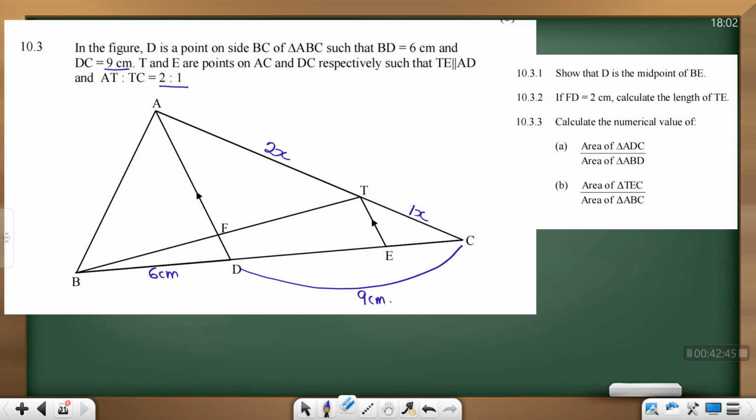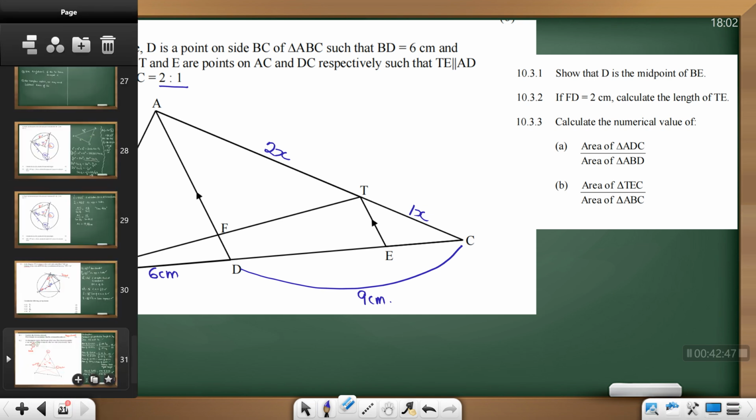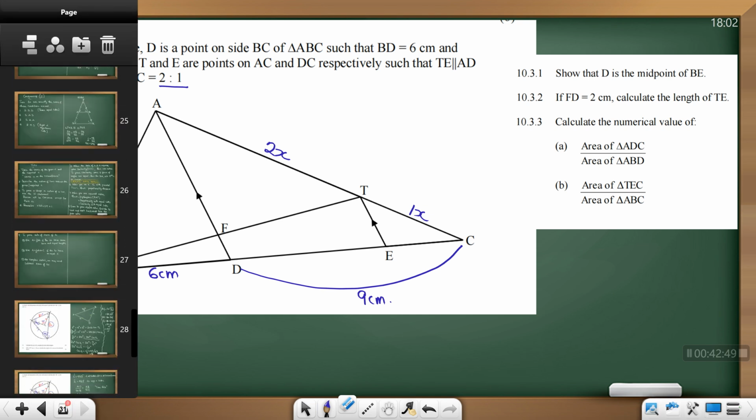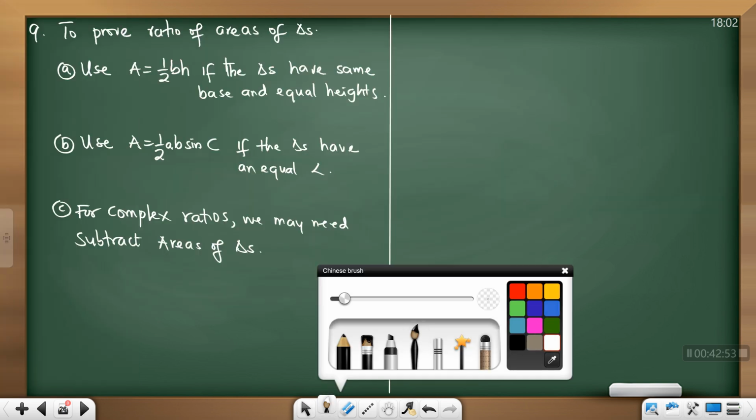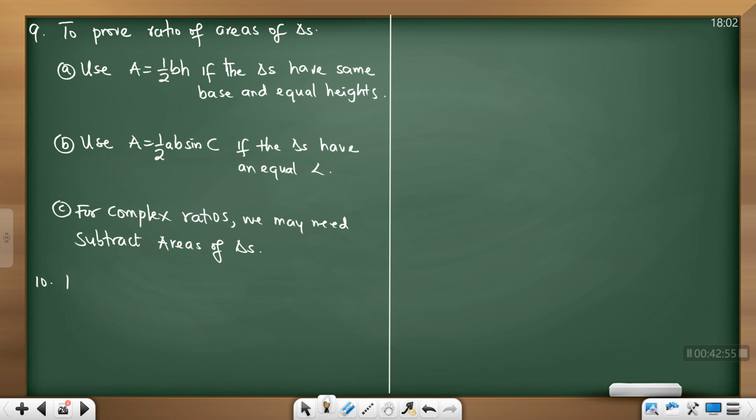Go back to where I said you should leave some lines. Ratios are not lengths. Introduce what? Variables. Let's make that point 10. Ratios are not what? Lengths. Introduce variables.